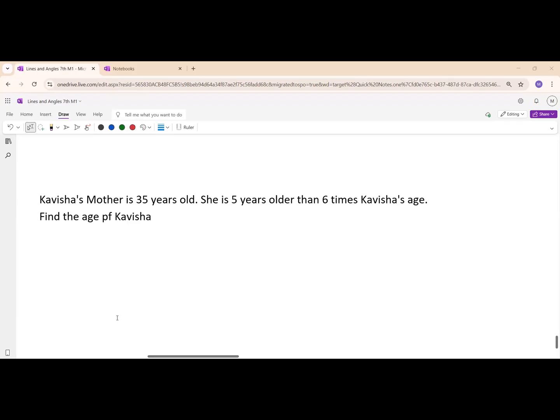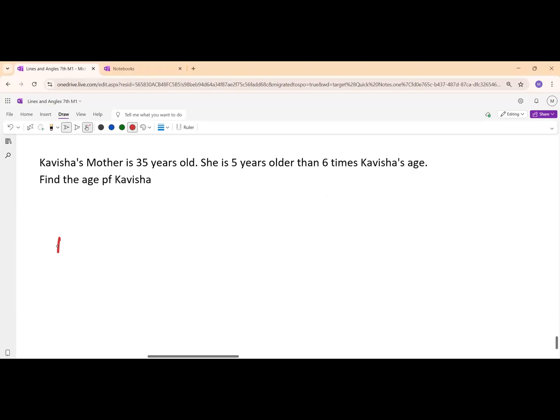Guys, update. Sir, I'm not understanding this. Kavisha's mother is 35 years old. She is 5 years older than 6 times Kavisha's age. Okay, so Kavisha's mother's age is equal to 35.